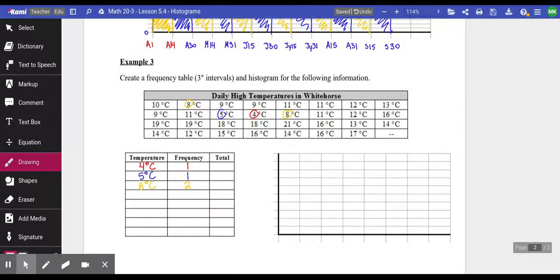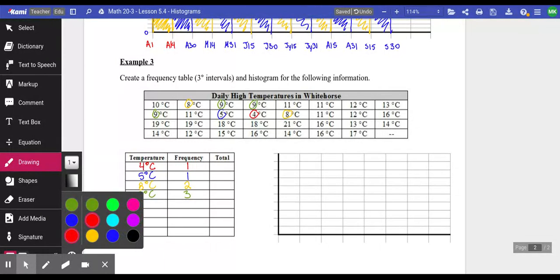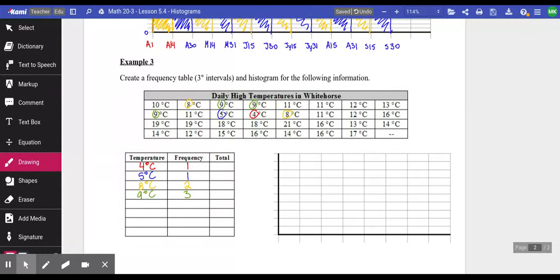The next highest temperature we see is 9. I see it 3 times. The next highest temperature that we see is 10. I only see 10 once.